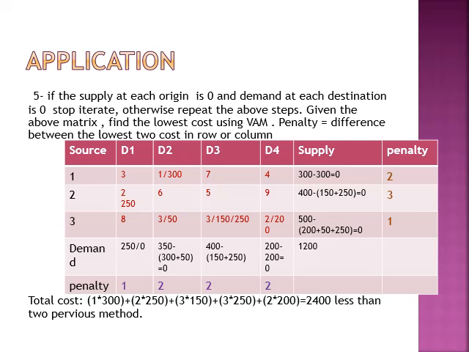Source 1 has 300, so source 1 can give D2 the 300. Now the stock of source 1 equals 0, but D2 still requires 50 units, because the demand of D2 equals 350.